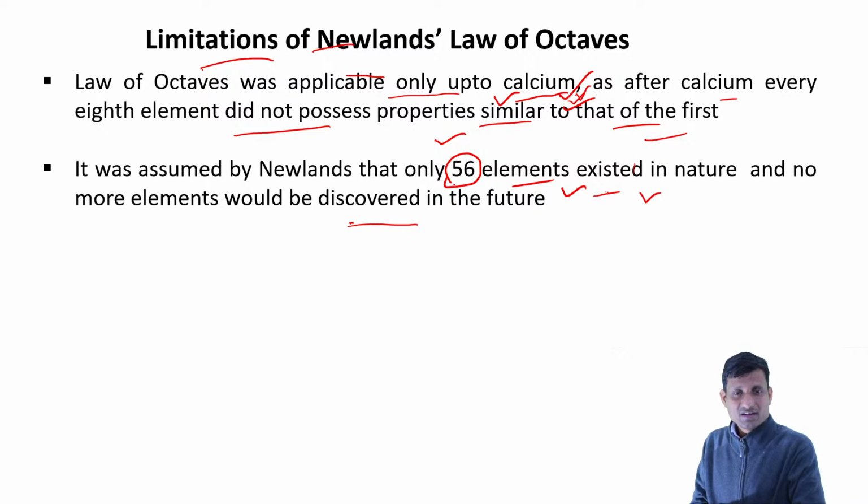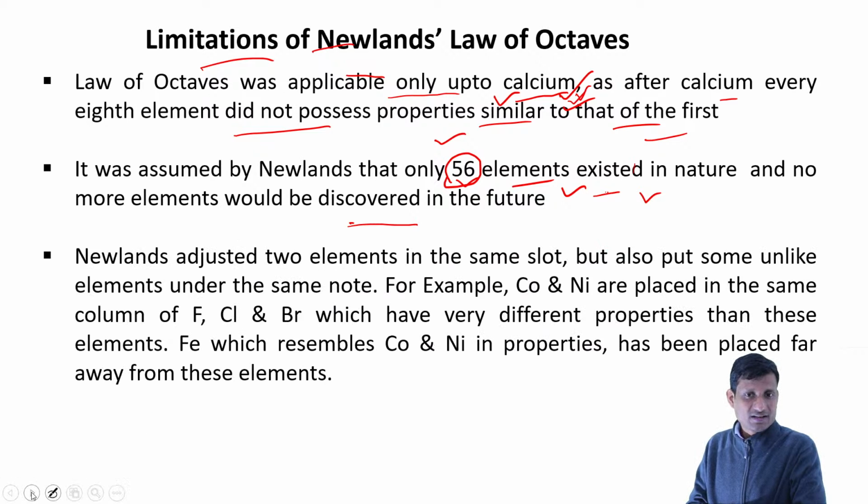That is why he arranged only the 56 elements. He did not predict anything about the availability of other elements that were not known to us at that time.